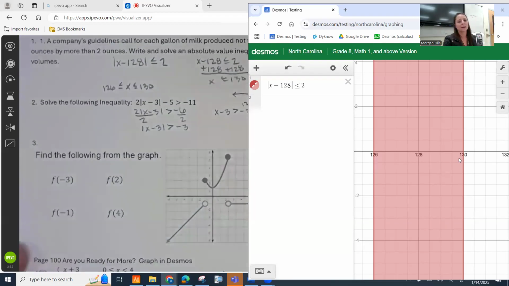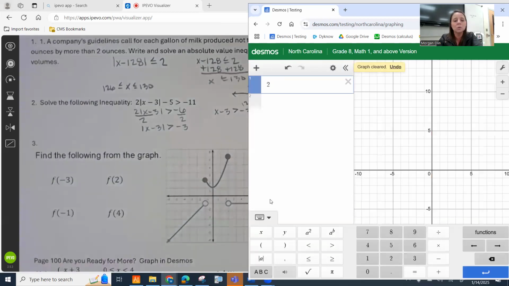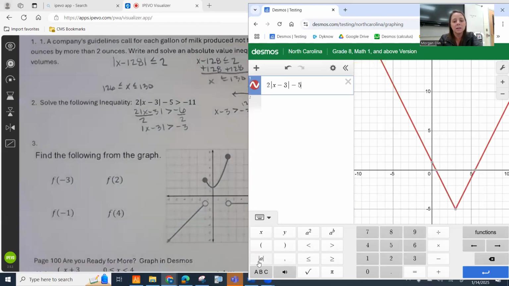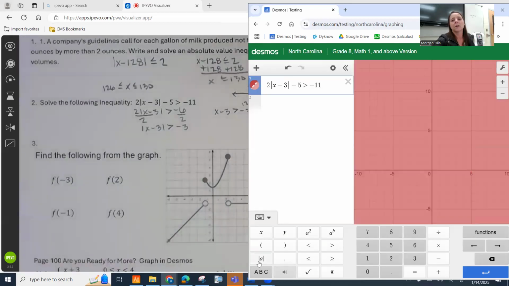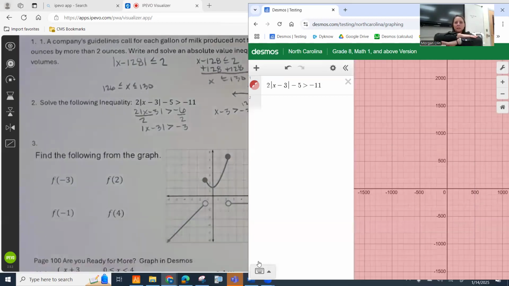But something special actually happens with this. I'm going to put the original problem in here: 2 absolute value of x minus 3, then -5, and then greater than -11. We'll start zooming, and you might say, wait a minute, I don't see where it's colored in between two lines, or colored on this side and that side with a gap in the middle.